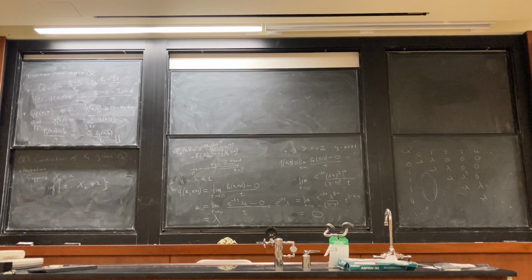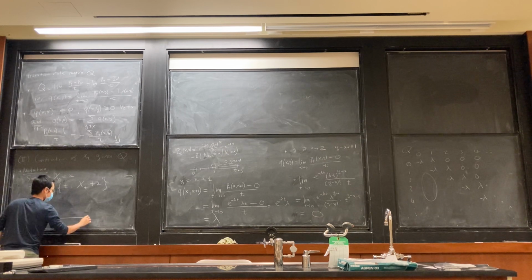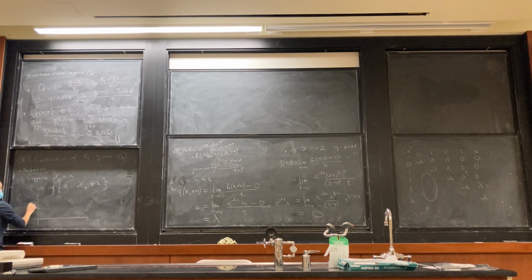In other words, suppose I start the process from x. I will stay for some time, up to a time tau, which is the jumping time, the first time I leave. So I'm going to jump somewhere.